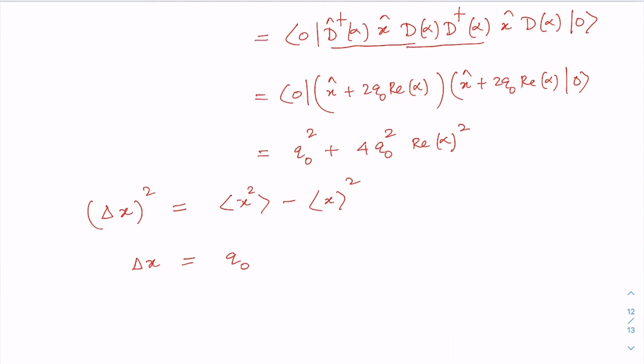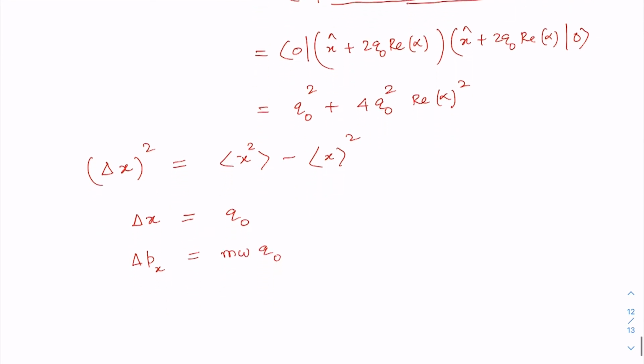And similarly you will be able to show that the corresponding standard deviation in the momentum operator also we can work out, and that would turn out to be m omega for a mechanical harmonic oscillator. This is what you are going to get.